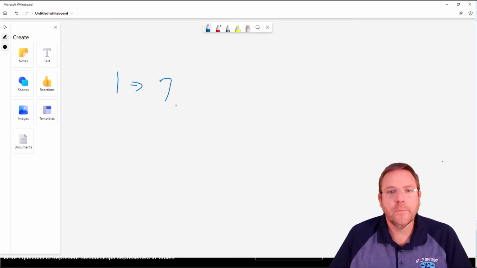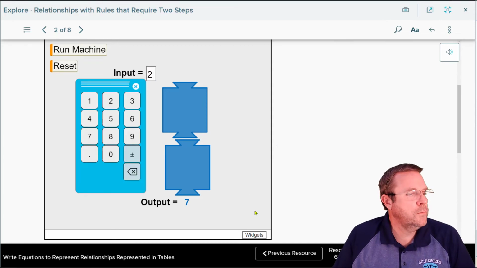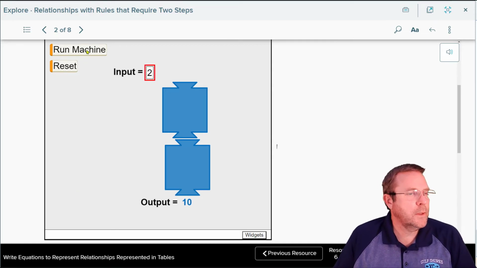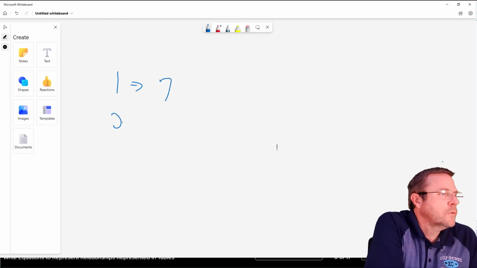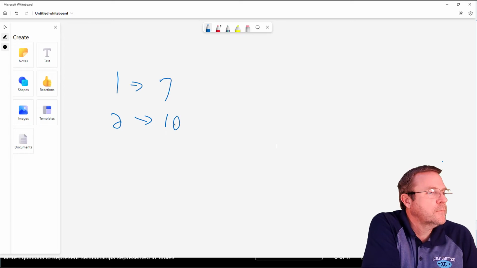That's a better 7. Alright, let's do some more numbers with our machine. Next thing we're going to do is try 2 and run our machine again, and 2 becomes 10. So 2 goes to 10.